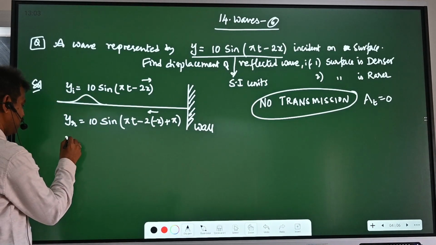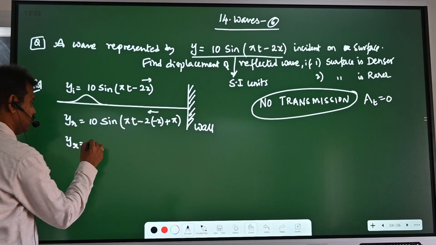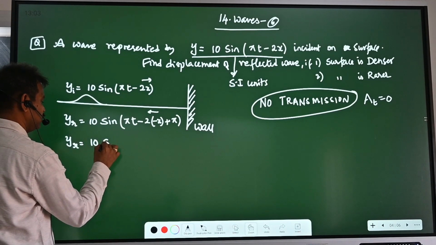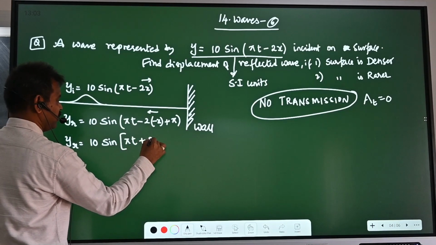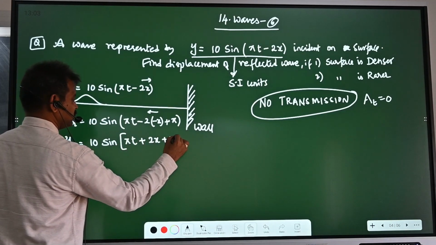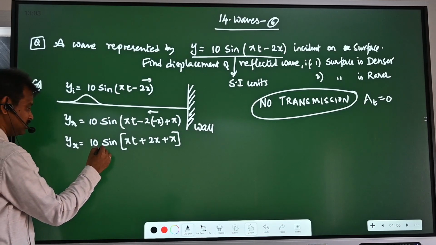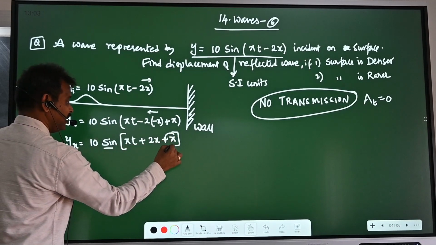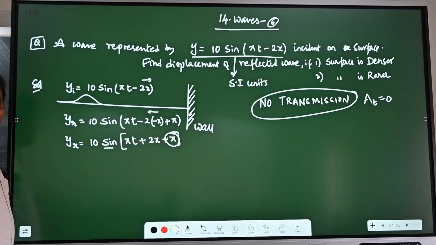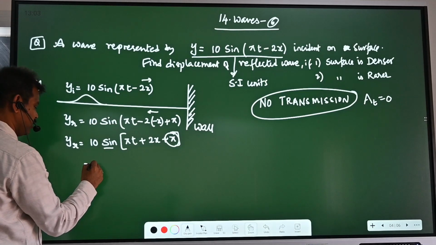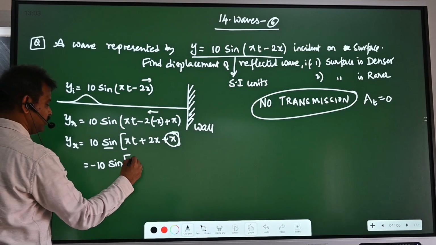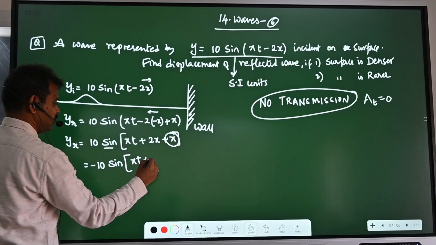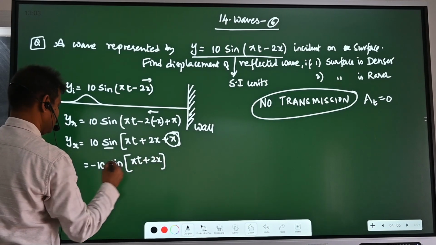So y r is equal to 10 sine (pi t plus 2x plus pi). What is sine (180 plus theta)? Minus sine theta. So this will become minus 10 sine (pi t plus 2x).